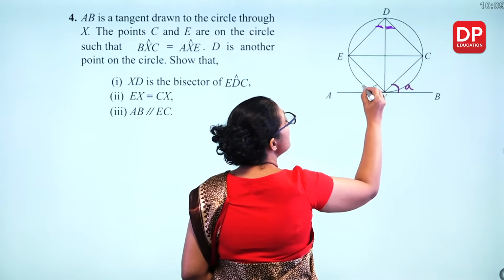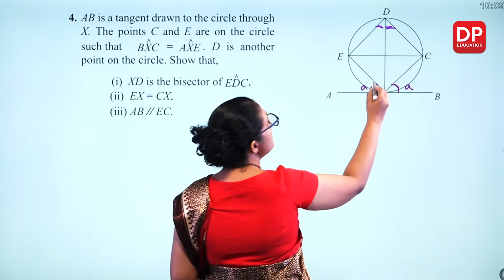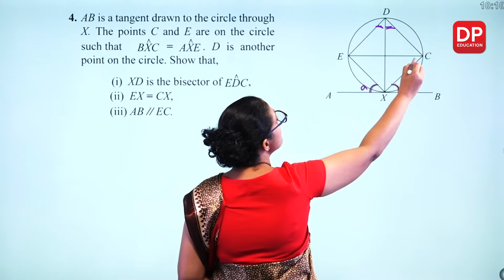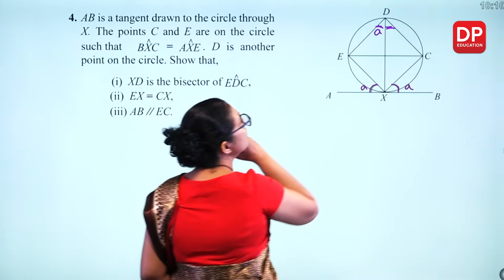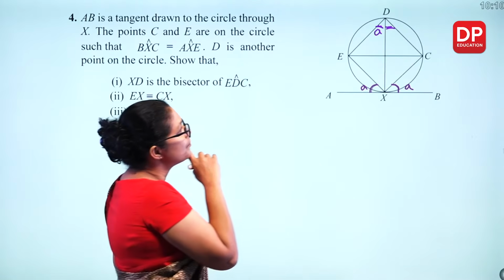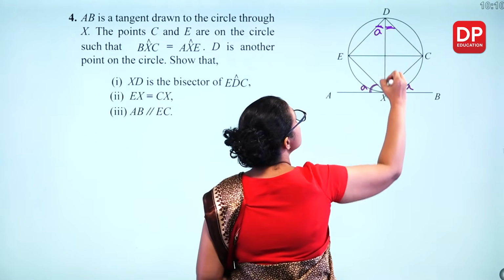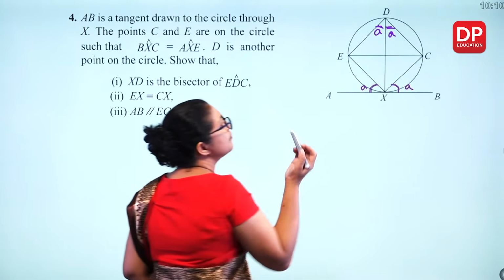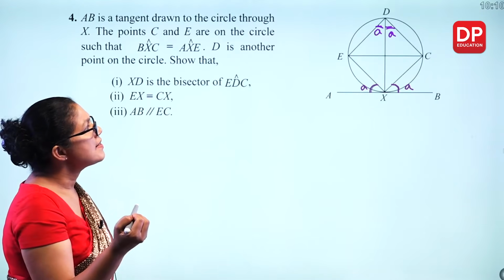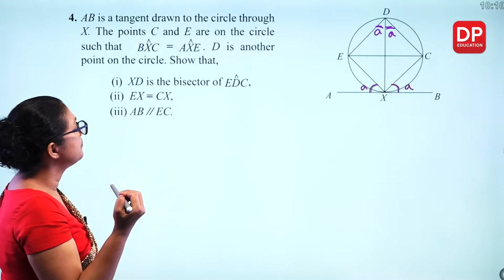This is A because these are given. If this is A, according to this one, this is A. Alternate segment theorem. This is A. So, according to alternate segment theorem, this is also A. So, we can easily say DX is the bisector of EDC angle.